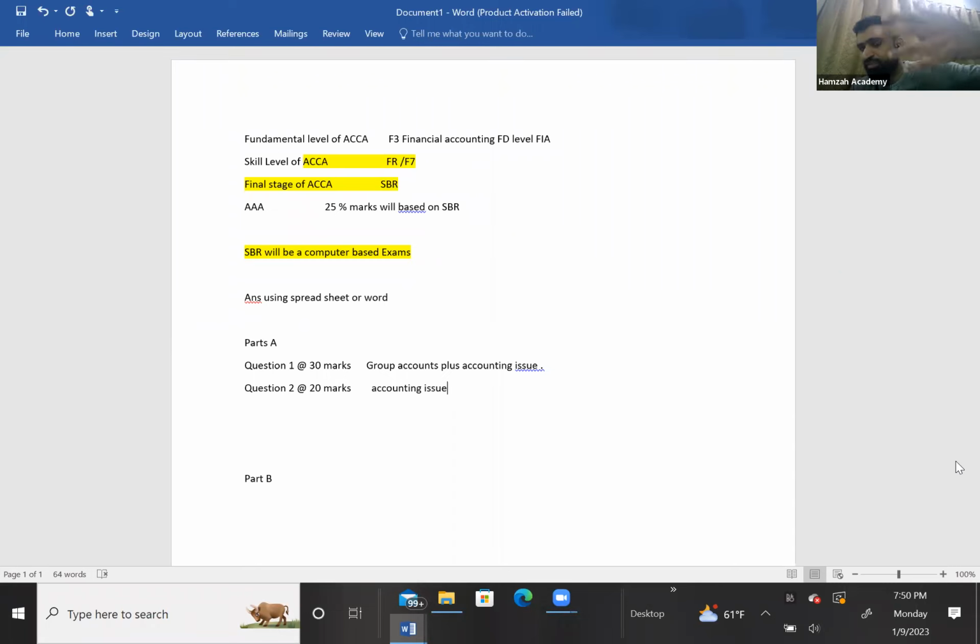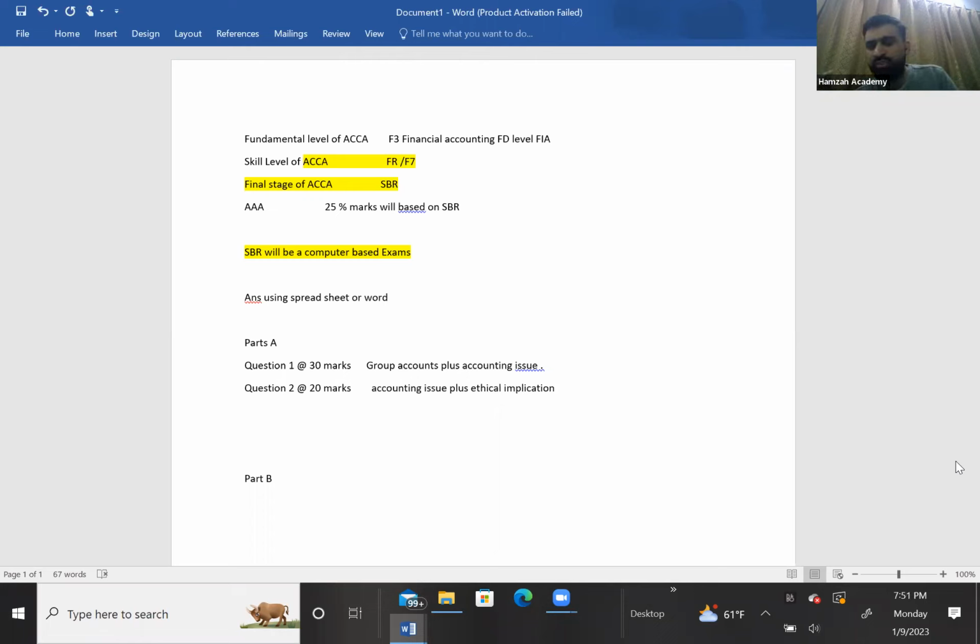Maybe on leases, maybe on revenue, IFRS 15, maybe on financial instruments, maybe on any accounting standard. There might be an accounting issue, and then plus ethical implication.